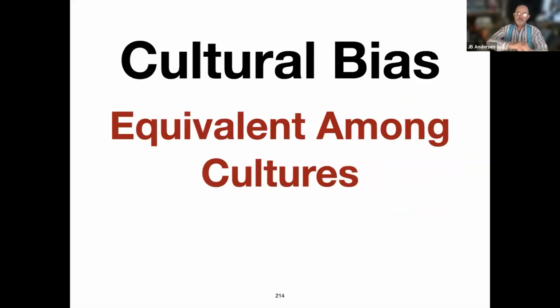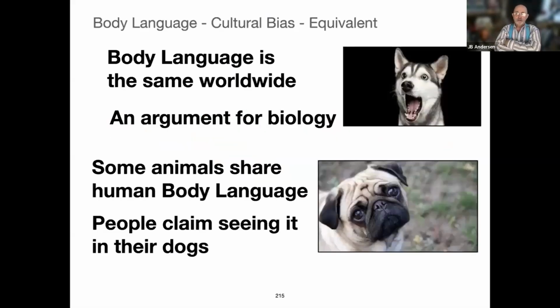Cultural bias, equivalent among cultures. Body language is the same worldwide. There are people that say that. It's an argument for biology. A lot of people say they can see this in animals, especially in their dogs.